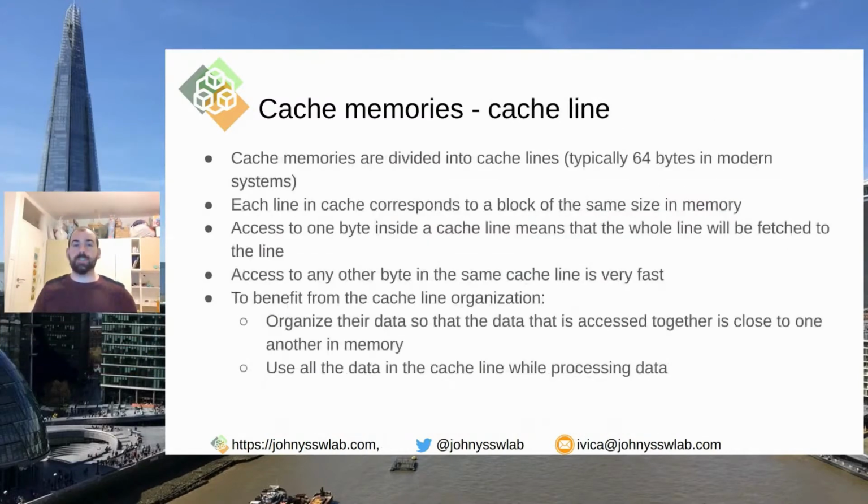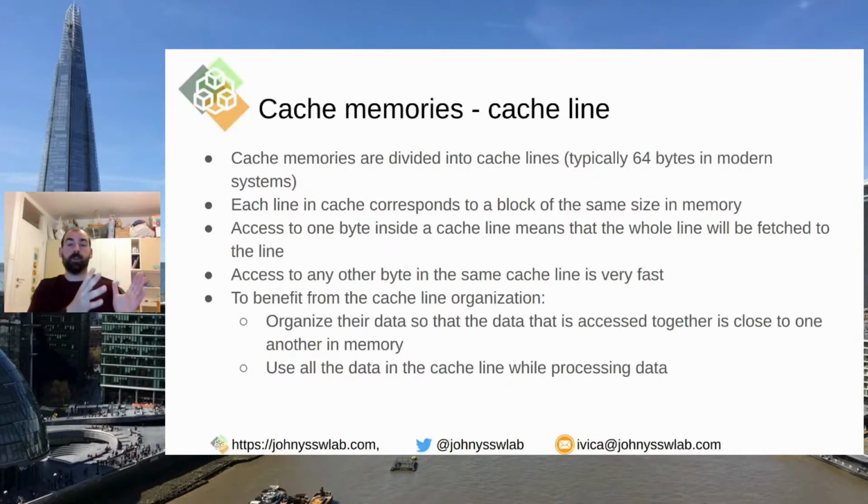Okay, moving on to another important topic about cache memories called the cache line. The cache memories are divided into cache lines, and typically each cache line is 64 bytes in size. One cache line corresponds to one block in memory which has identical size.